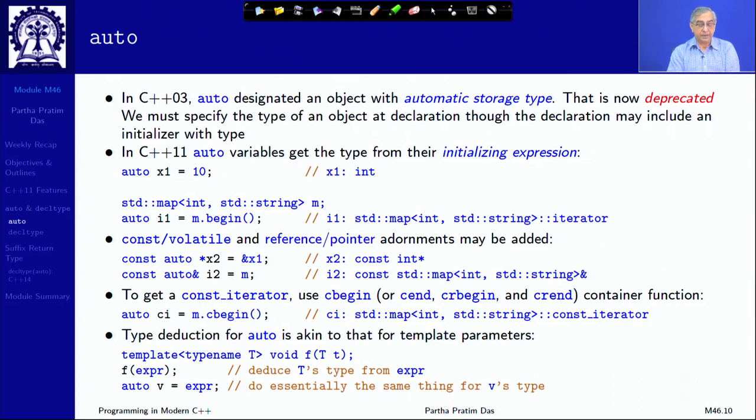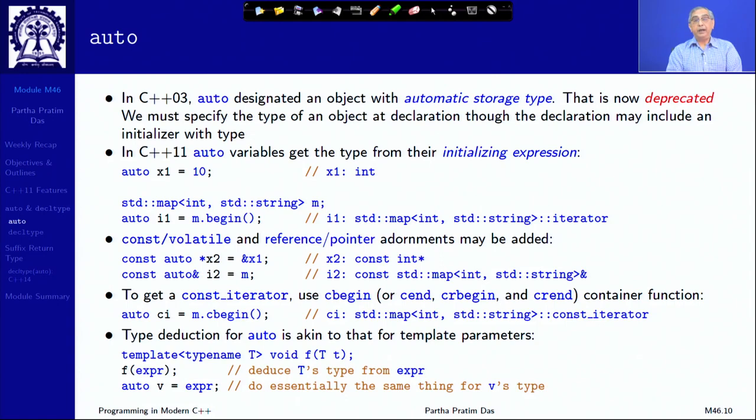In C++ 03, while we are specifying an object, it is necessary to declare its type, right, that we know. It is a strongly typed language, so we must declare the type, and we may include an initialization with the type as well. In C++ 11, there is some liberation from that requirement.